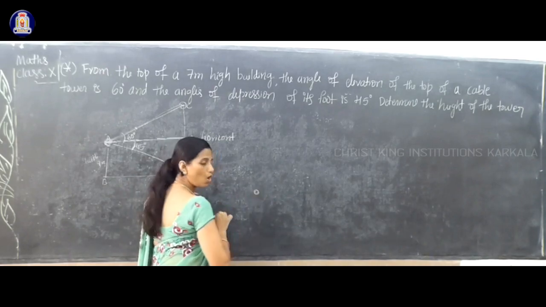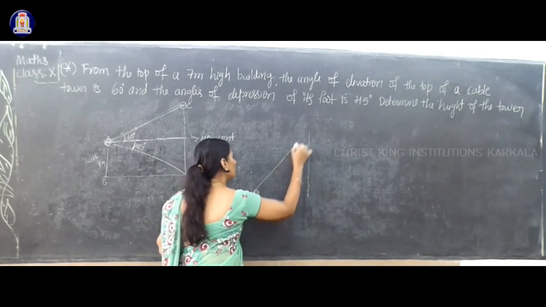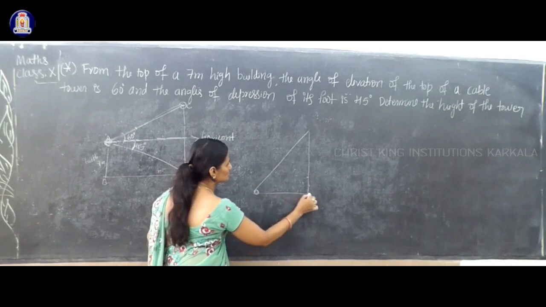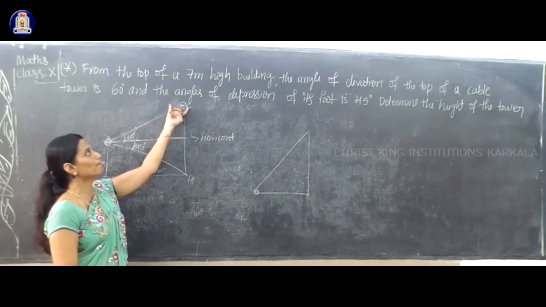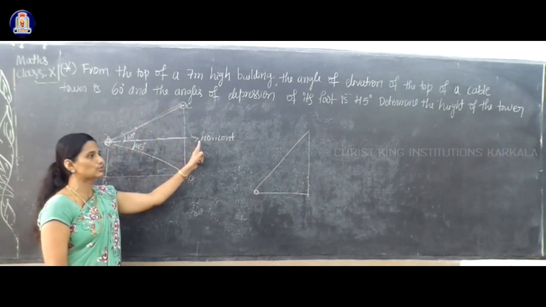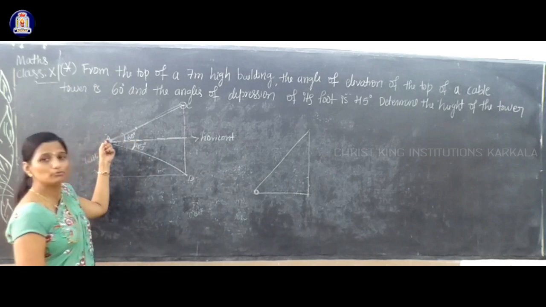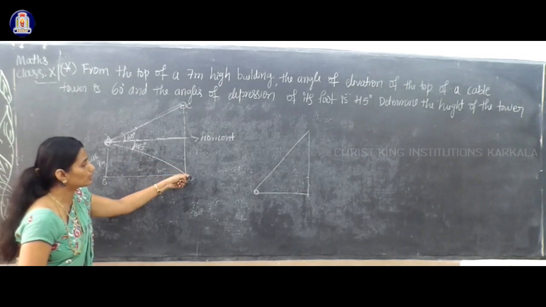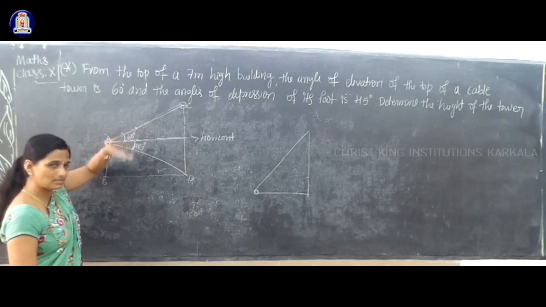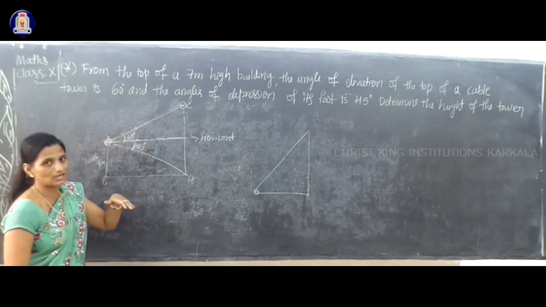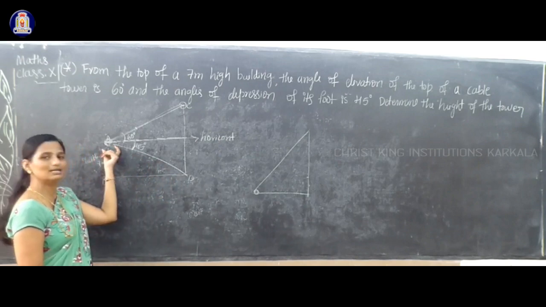Now from the same top of the building to the foot of the tower, the angle of depression: this is your horizontal line. Depression means below that horizontal line, so the angle comes like this. Which angle is it? Is it this angle? No, right?